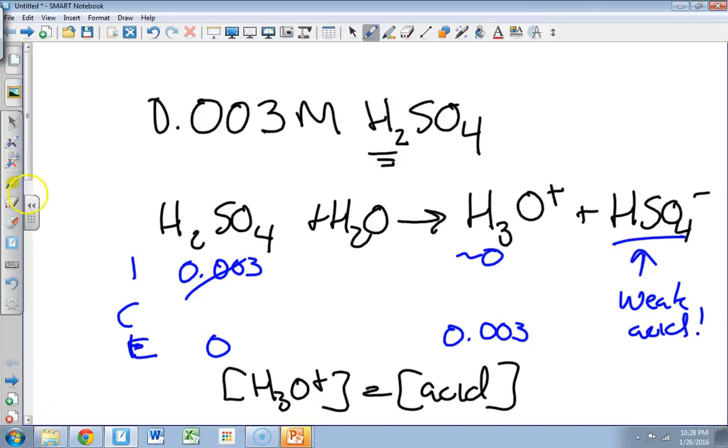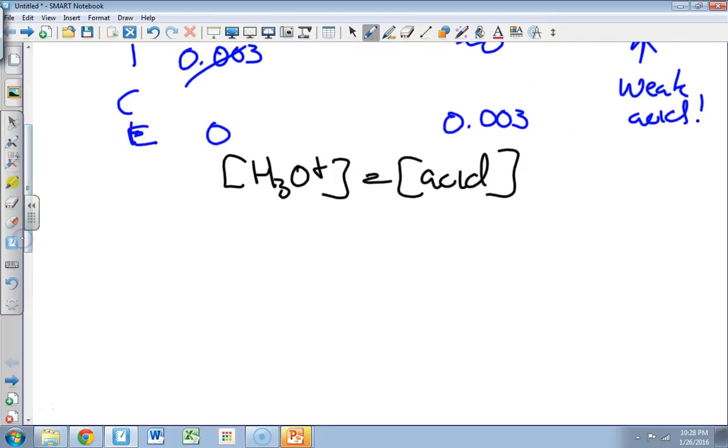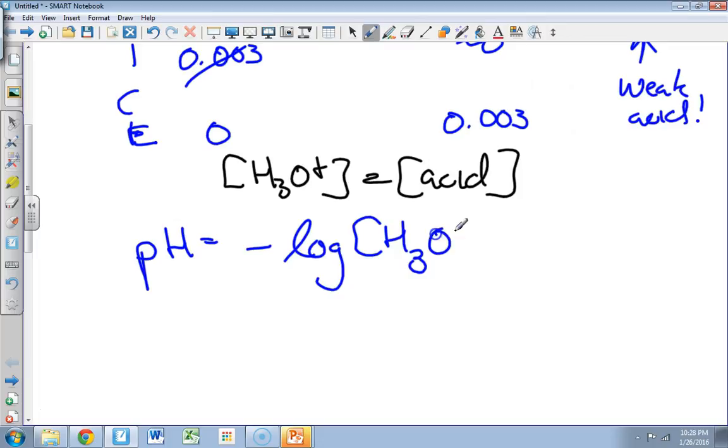So, having said that, now let's move down. Okay, so now let's calculate the pH. Real straightforward. It's really just a plug and chug. And so pH equals the negative log of the concentration of the hydronium ion.